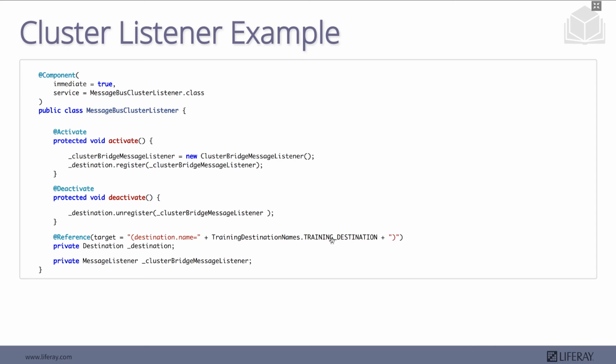When the listener is activated, we're going to be creating this new cluster bridge message listener, and then with the destination object, we're going to register our message listener at this destination by making it a cluster bridge listener. All of that to say, registering the listener with the ability to listen across the cluster.